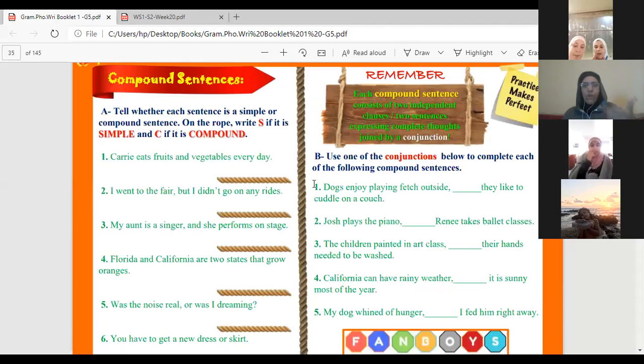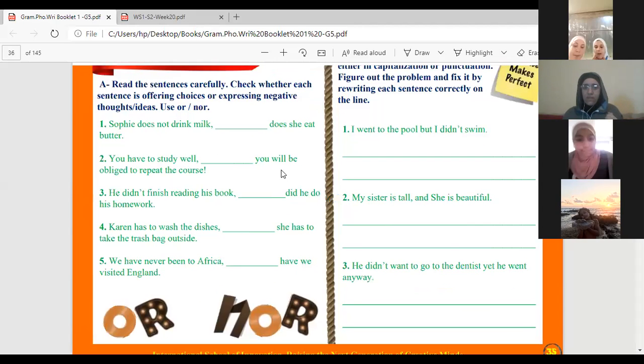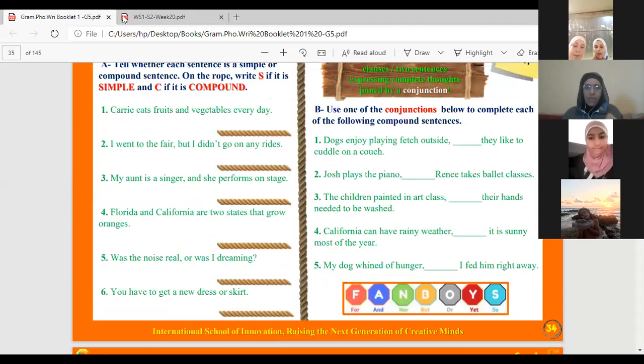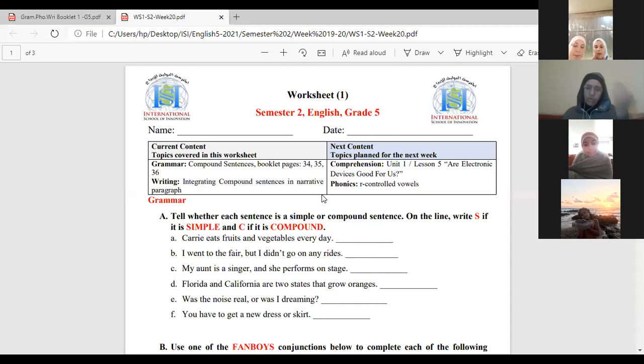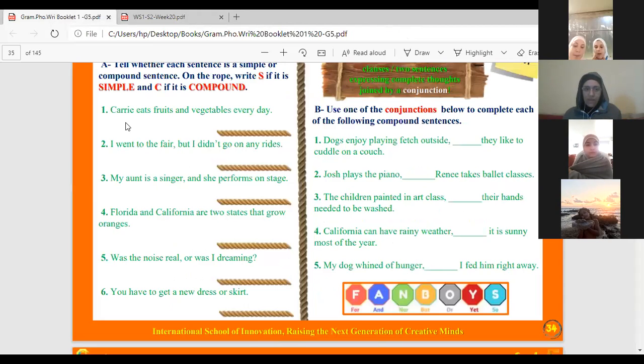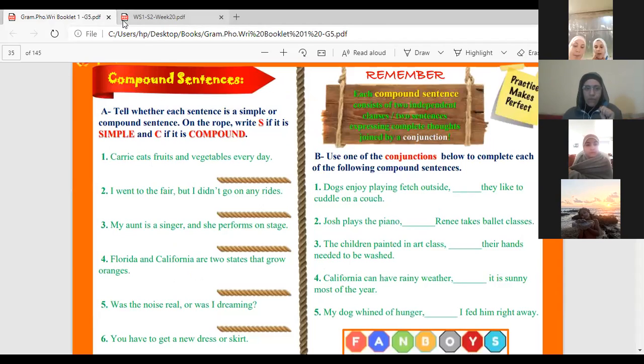And then you will have exercises. These exercises in the booklet are the same that I added in the worksheet, and I also added more exercises that are not found in the booklet. So exercise A here is the same as exercise A here. What you have to do is try to solve exercise A as homework. You just have to differentiate between simple and compound sentences. Try your best.